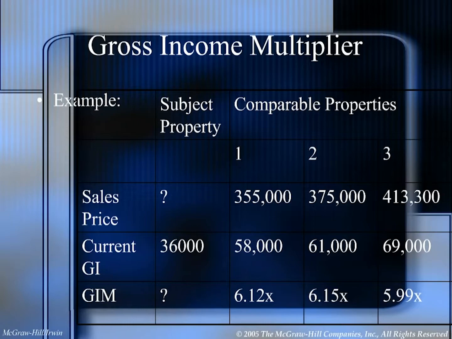So we could say, well, then for this property, we'd have $36,000 as their gross income. So we'd take 6 times the $36,000 and say this property should sell for about $216,000. Okay? Now this is based directly off past sales that are comparable.